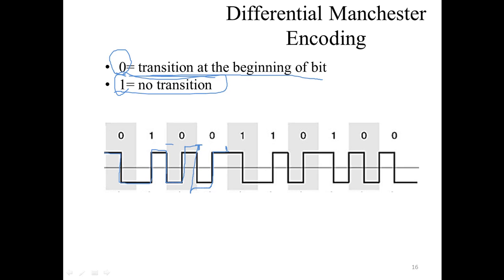Then 1 comes, so no need of transition, again 1, no transition, and again 0 comes, you are at high, go to low. Instead of going in a straight line, you have to go this way. Similarly, there is 1, so no transition, and there is 0, so you go from low to high, end on low again, and there is again 0, so go from low to high, and again from high to low.